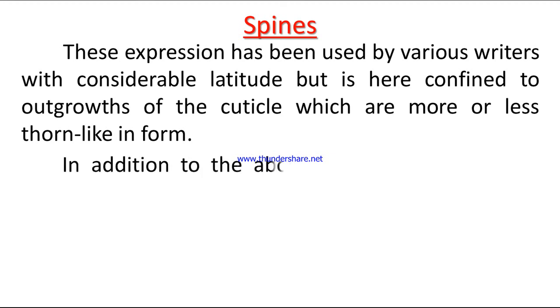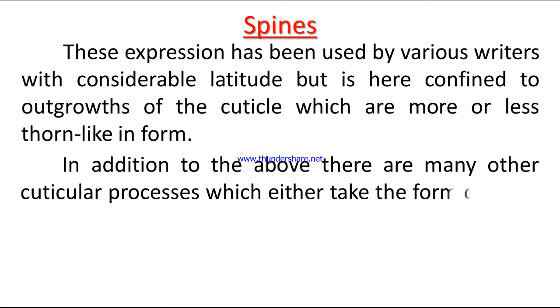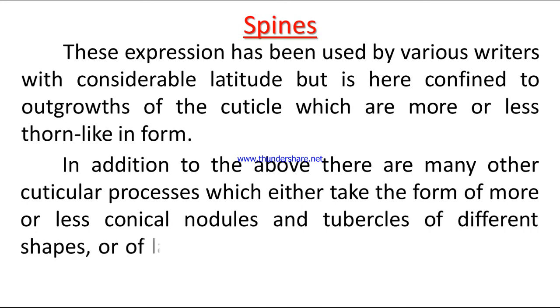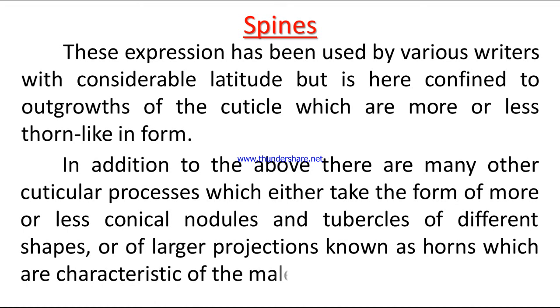In addition to the above, there are many other cuticular processes which either take the form of more or less conical nodules and tubercles of different shapes, or of larger projections known as horns, which are characteristic of the males of certain Coleoptera.